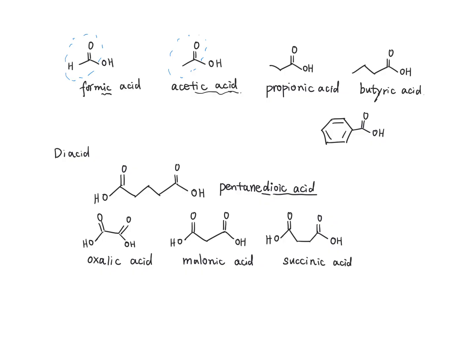You do need to be familiar with the number of carbons and the common names of these diacids. The next one, when you have 5 carbons, is called glutaric acid. 6 carbons is called adipic acid.